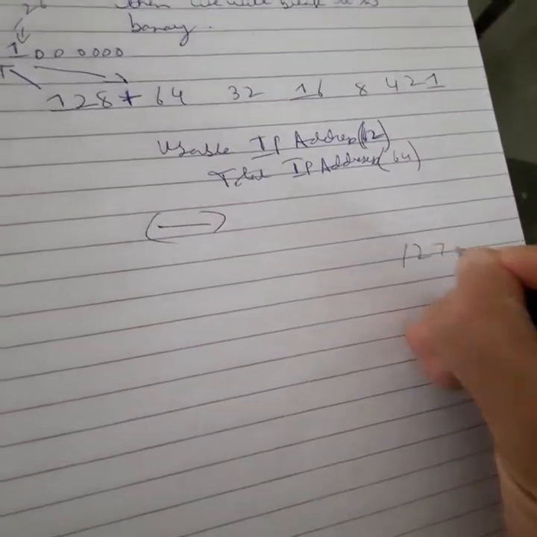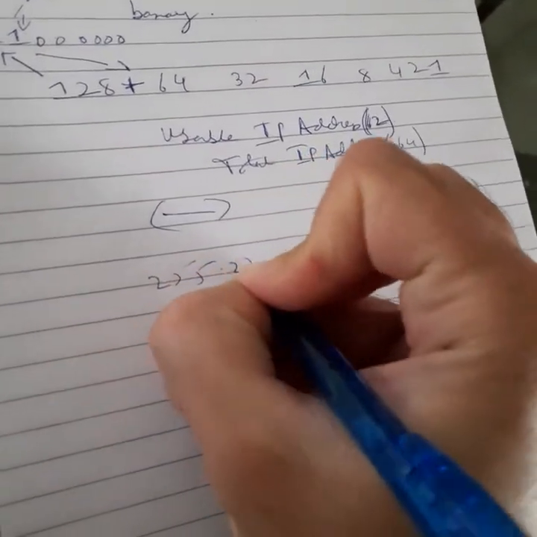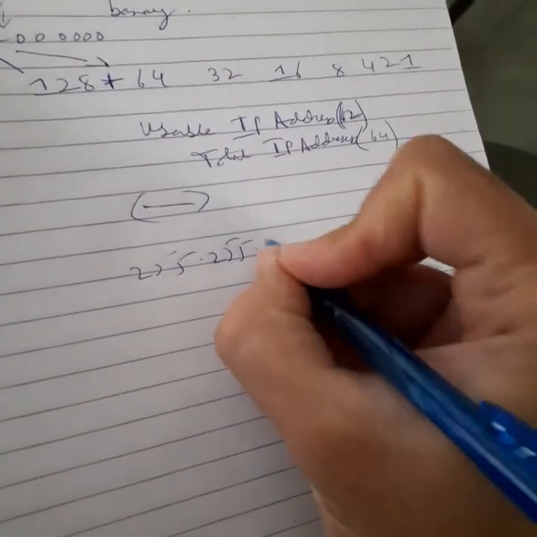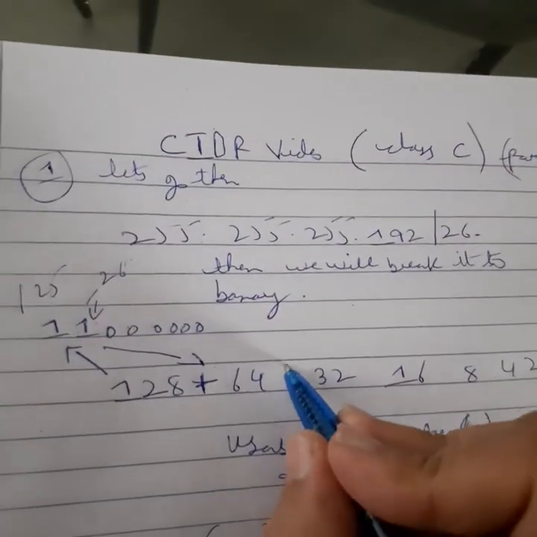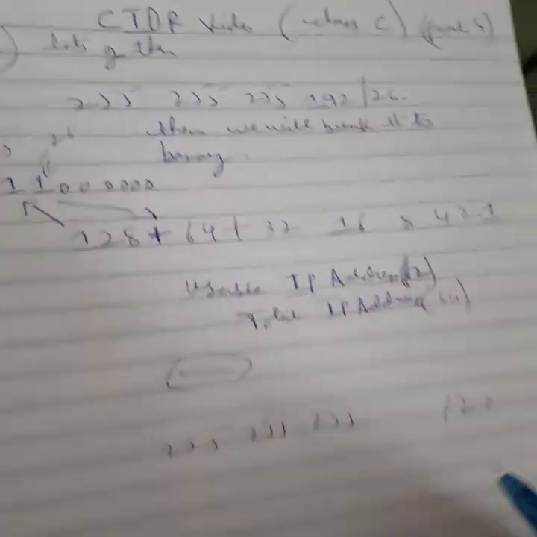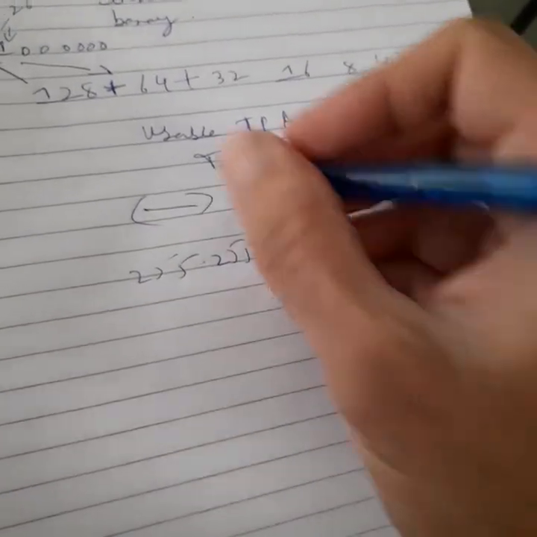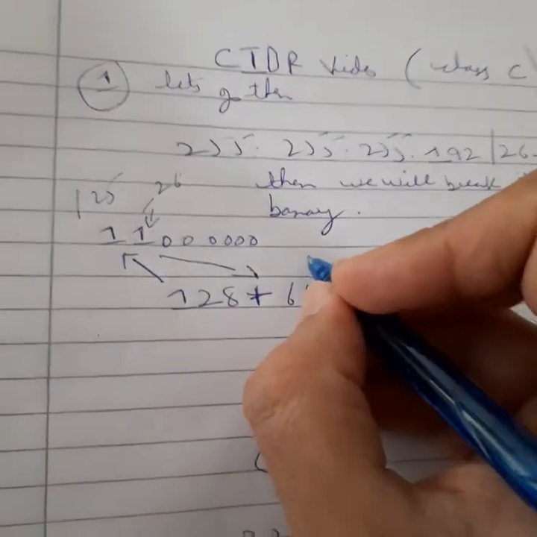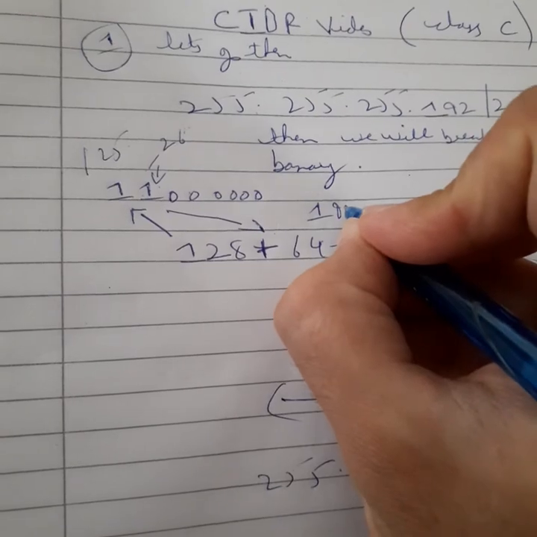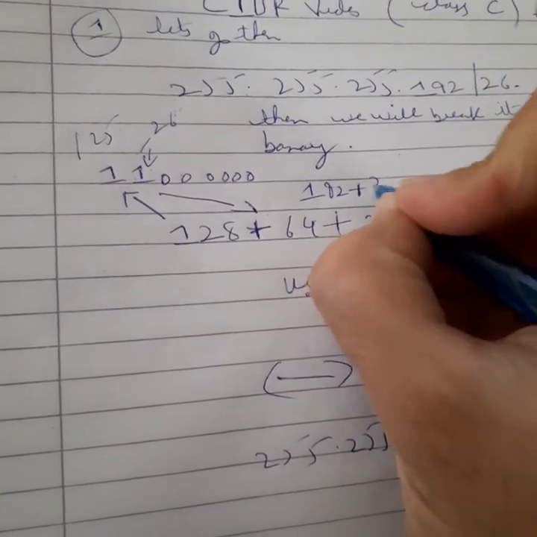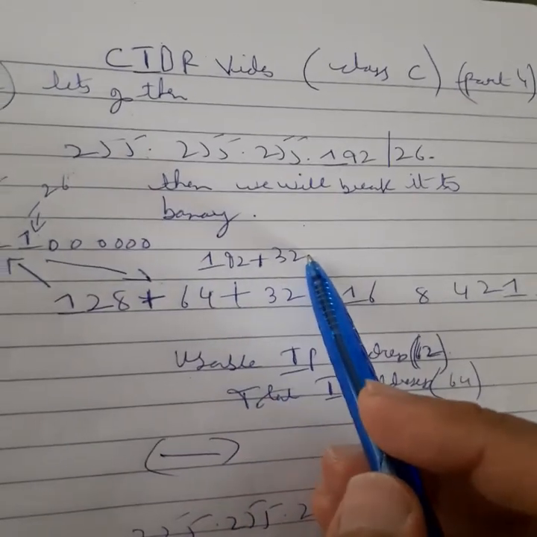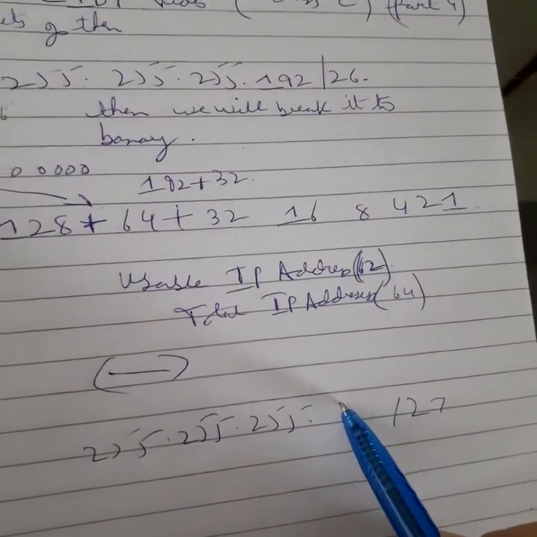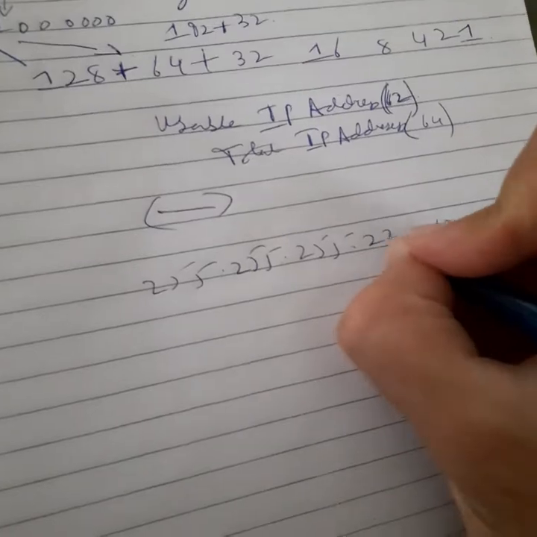Let's do /27. It will follow the same pattern. So I'm going to add this 32 in here. 192 plus 32 will give me what? 224.